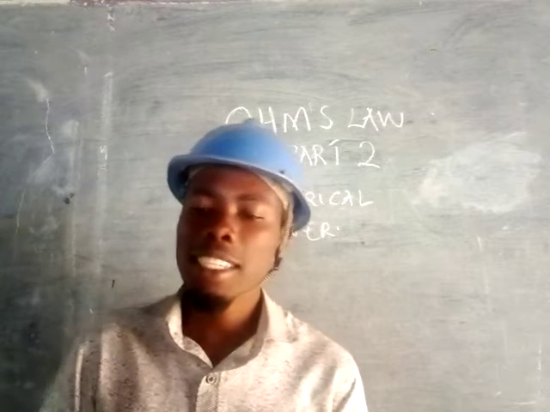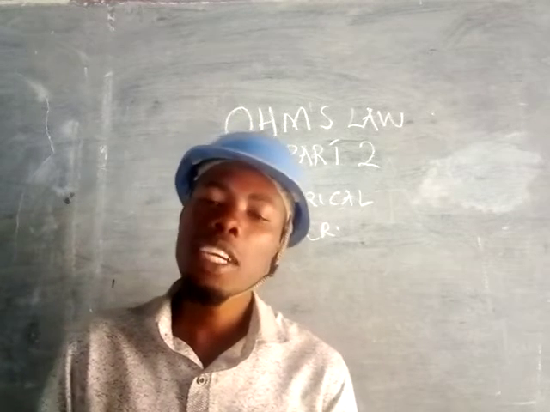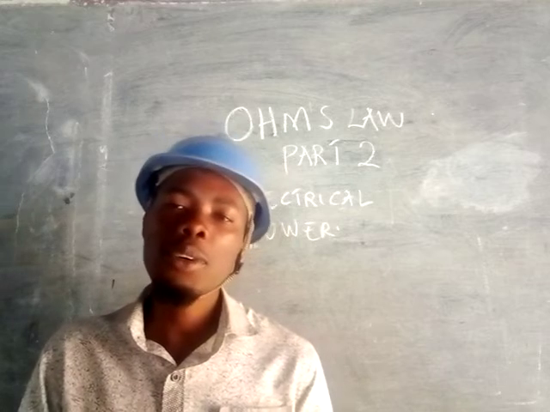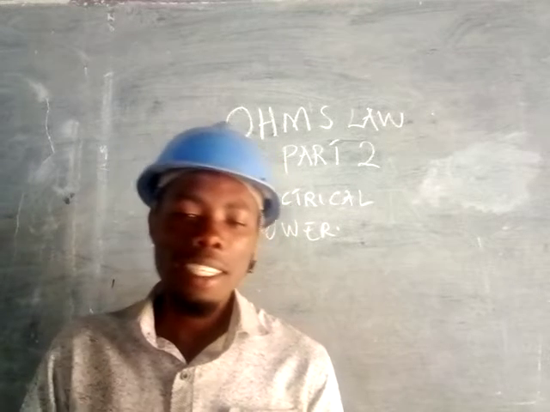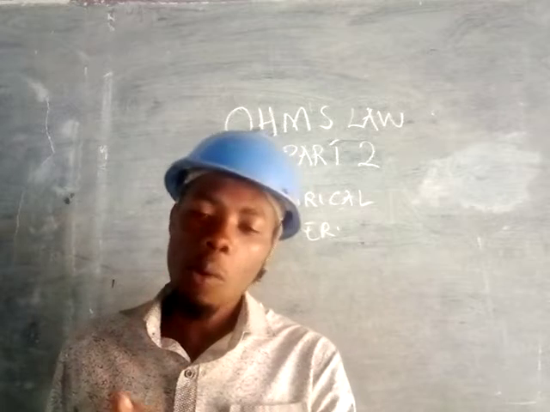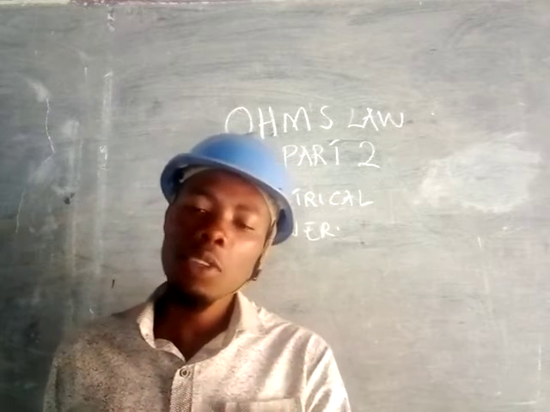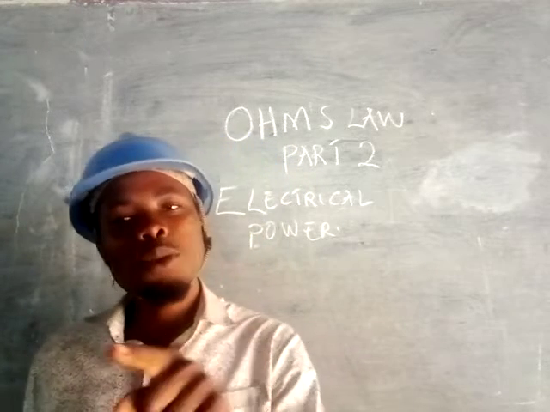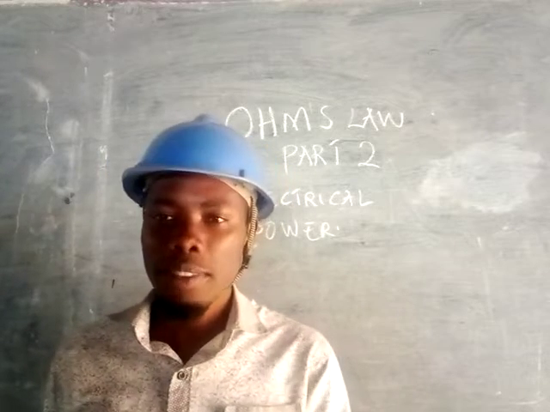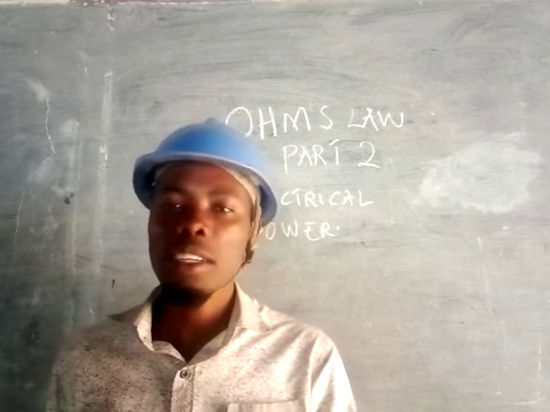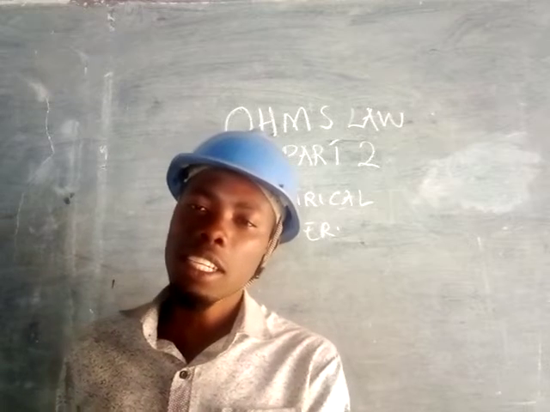Remember, as I told you earlier, examples of things that absorb electrical power are light bulbs, heaters, cookers, electrical kettles, and many of them. They absorb electrical power and convert it into either heat or light or both, like the bulbs, which convert it into light and heat.